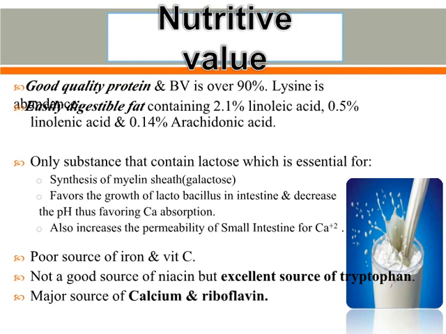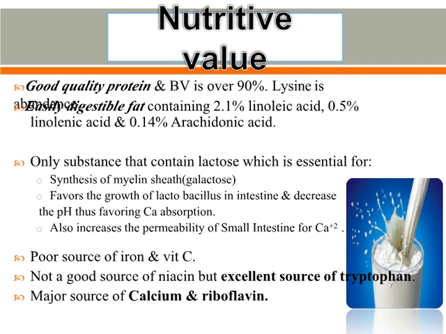Only substance that contains lactose, which is essential for synthesis of myelin sheath. Galactose favors the growth of lactobacillus in the intestine and decreases the pH, thus favoring Ca absorption. Also increases the permeability of the small intestine for Ca2+.